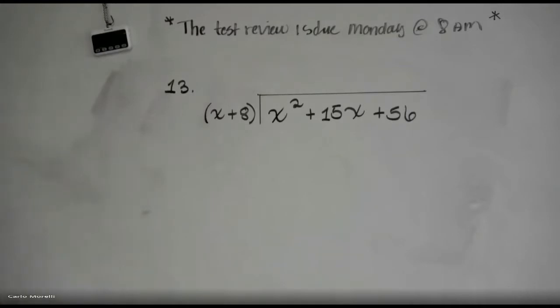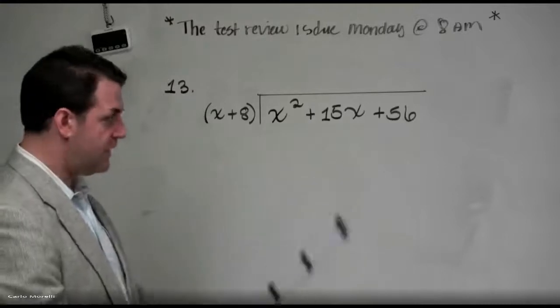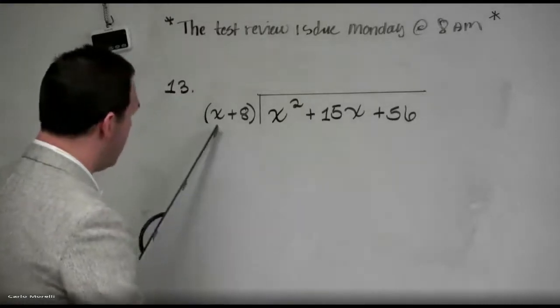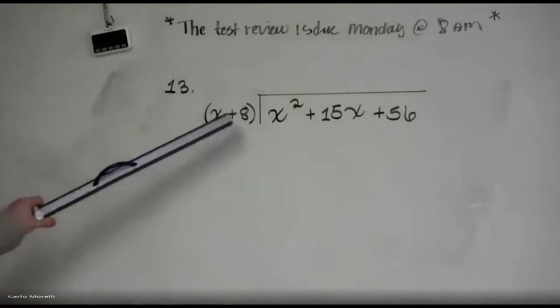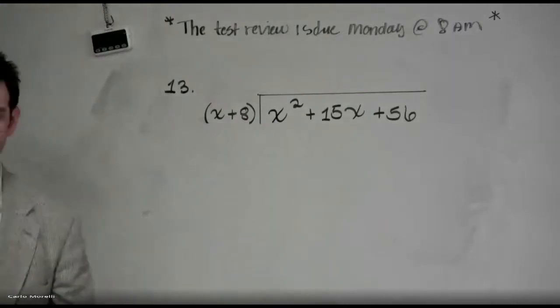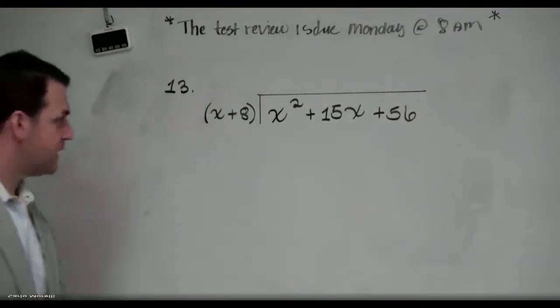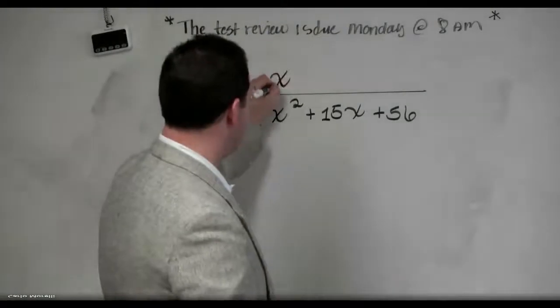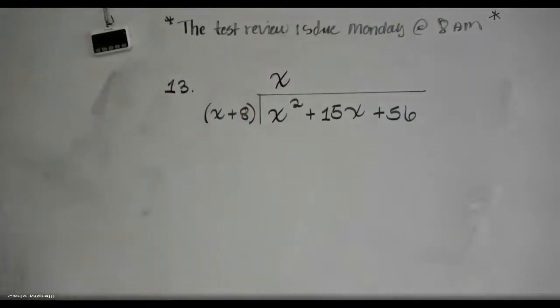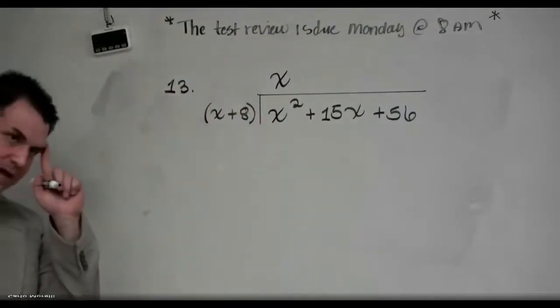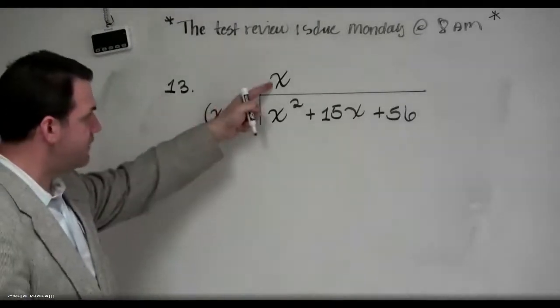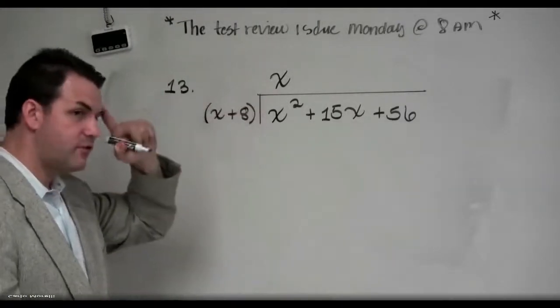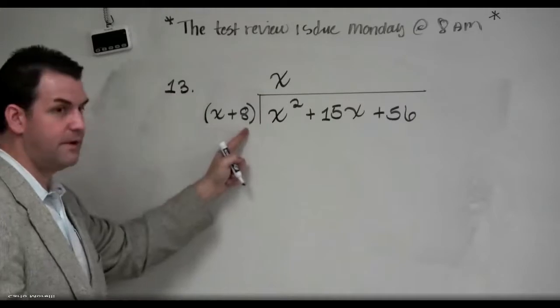Okay, so let's just play a little game of I ask a question and you guys yell out the answer. What do I need to multiply by x to make x squared? X. So right here, write x. Now, in your mind, you have to multiply x using the distributive property through this binomial.